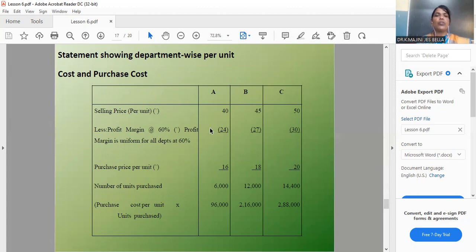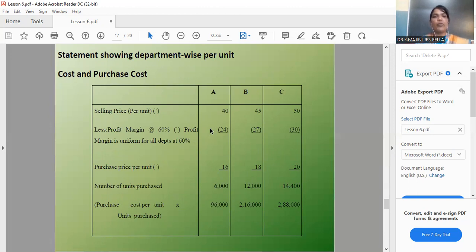How much? 24, right? 24 for department A. 40 into 60 by 100, you will get 24. So just you subtract 24. 40 minus 24, that is 16. That is purchase price per unit for department A.